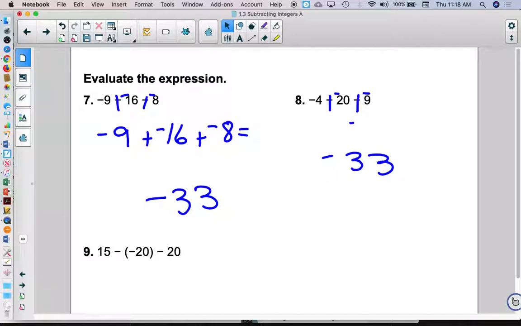You got it. Yeah, I hear that word, zero pairs. Right here. You have the opposite of that, just make it the opposite symbol. Now you've got a positive and you have a negative, which equals zero.